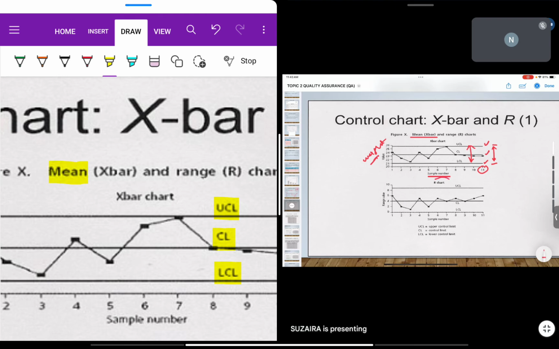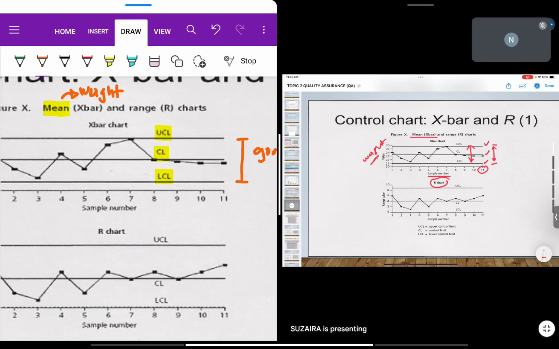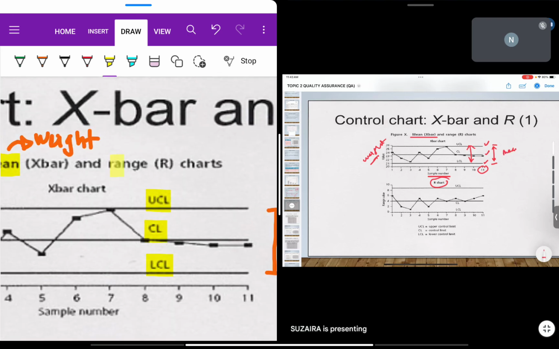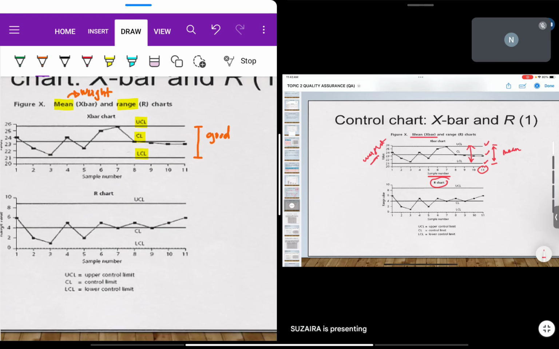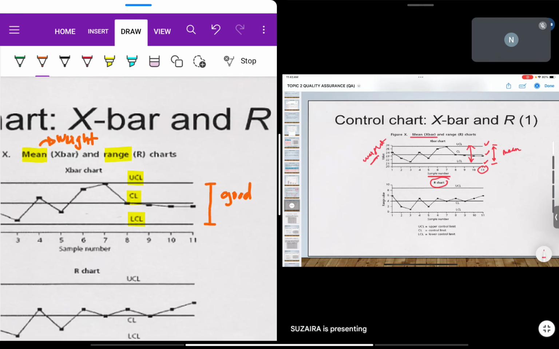And look at the R chart. The R chart is more towards how the values differ between each of the samples. Here is more towards the mean, the average, but this one is how it differs, comparing 1 and 2 and 3 up until 11.